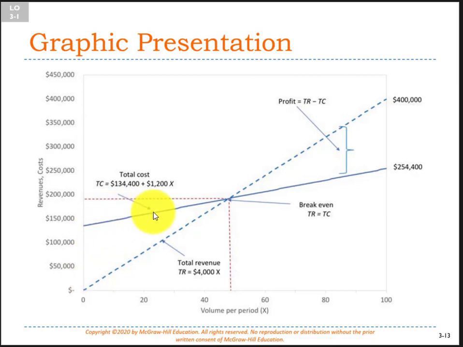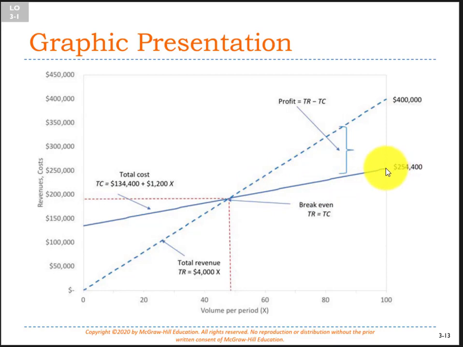So this solid blue line is our total costs, I'm sorry, which includes the 134,000. That's where we cross the y-intercept here, 134,400, and it goes up $1,200 for each trip.